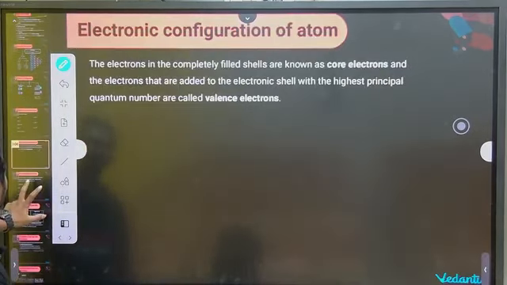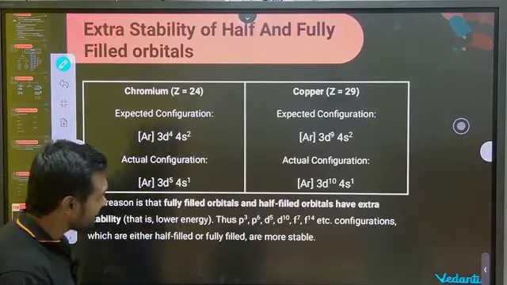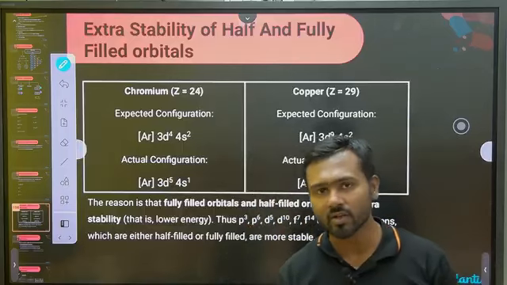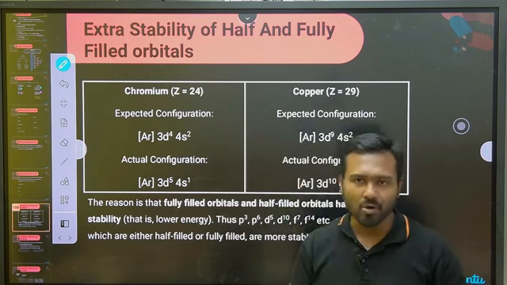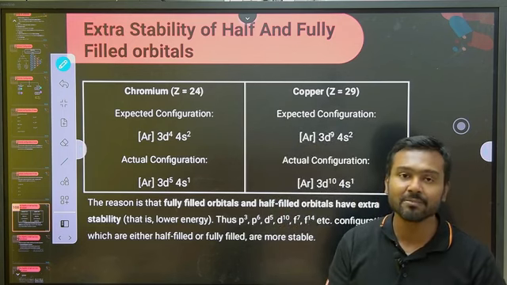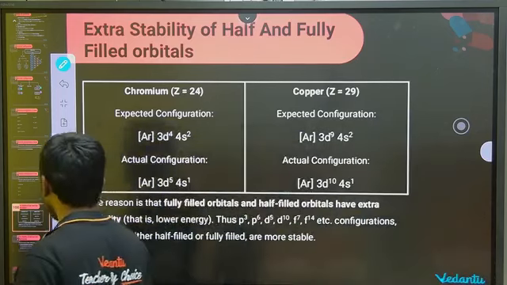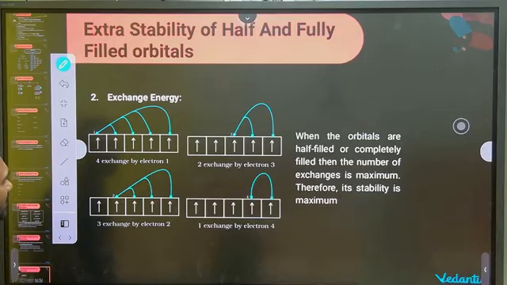So electronic configuration. These are the anomalous electronic configurations. We know that chromium and copper have anomalous electronic configurations because half-filled and fully filled configurations give more stability. The stability of half-filled and fully filled configurations is explained based on the exchange energy concept. That is, electrons with the same spin can be exchanged.